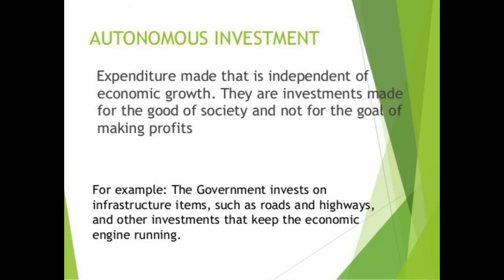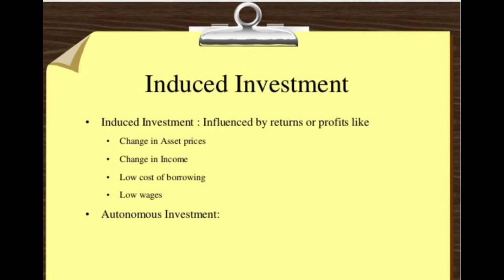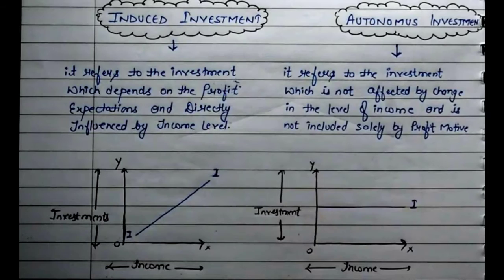Next, induced investment. I have given some examples like change in asset prices, change in income, low cost of borrowing. Let me make you understand once again. Moving from the left hand side, let's understand the meaning of induced investment. Take the example of online classes.